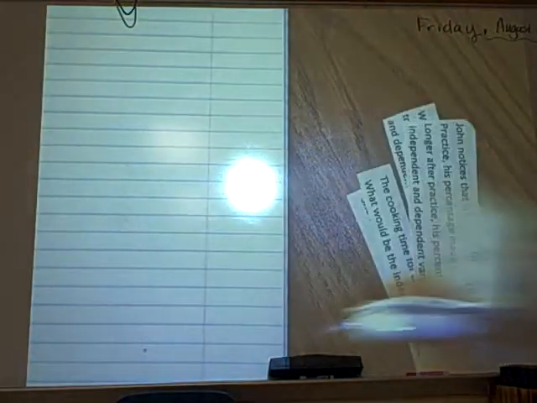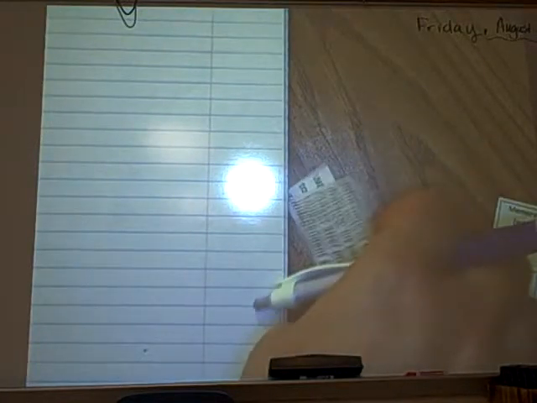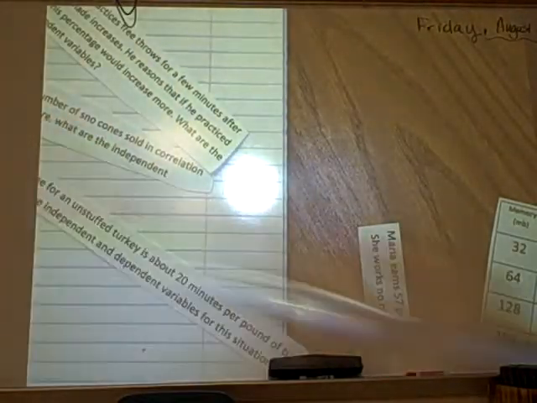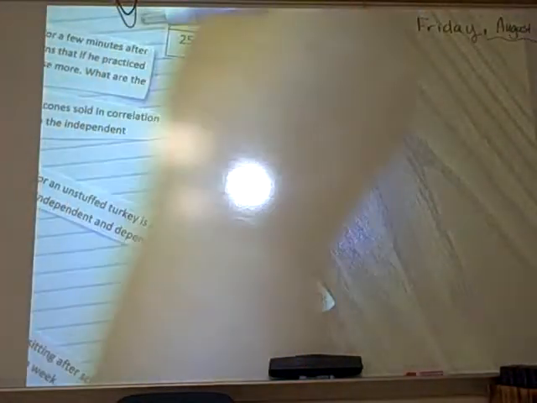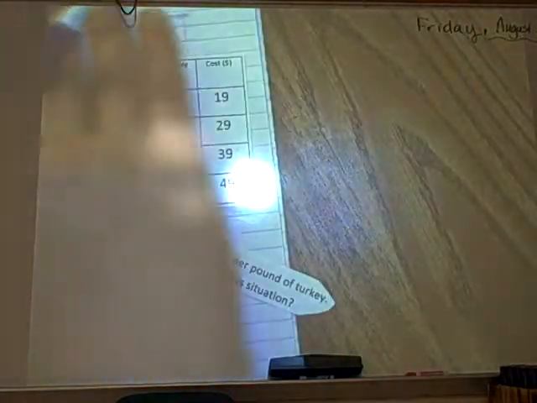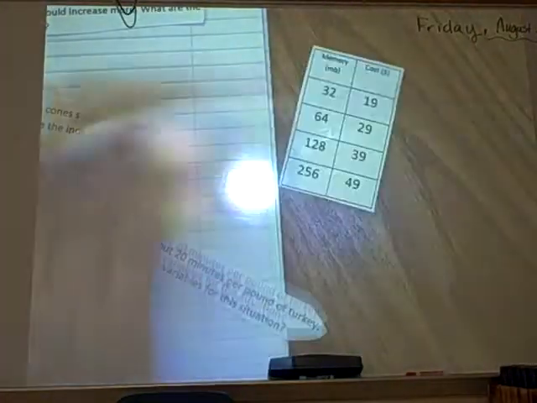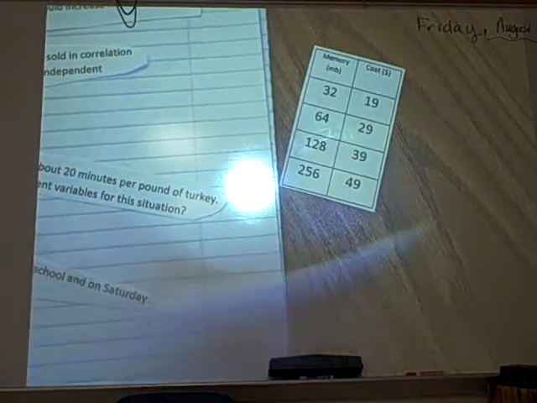So I want you to cut out each individual little word problem on your paper and a little chart that says memory and cost, which is kind of outdated, but we're going to use it anyway. I don't know what order these are in.